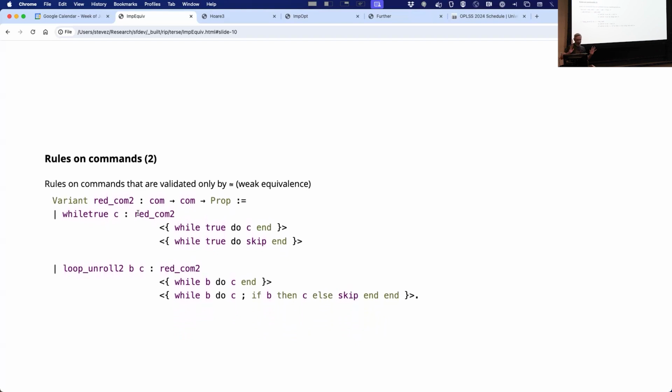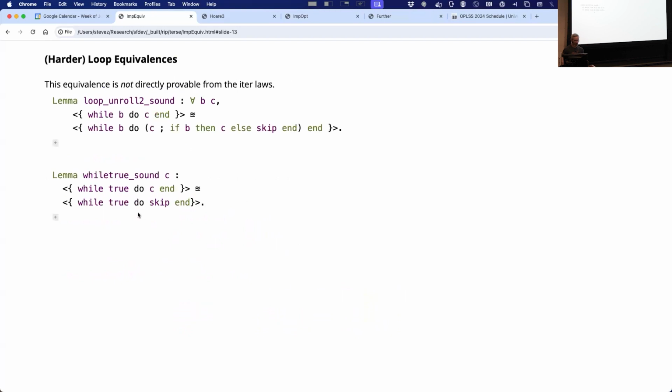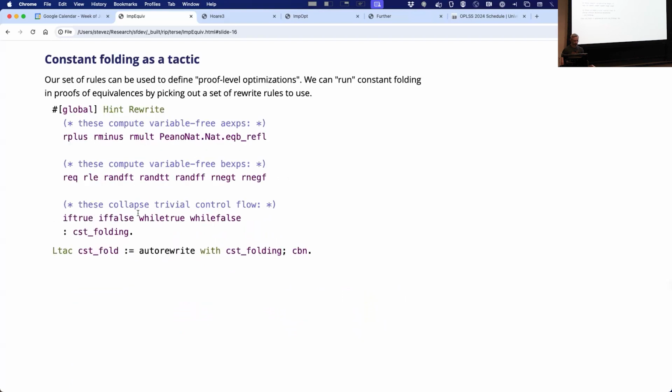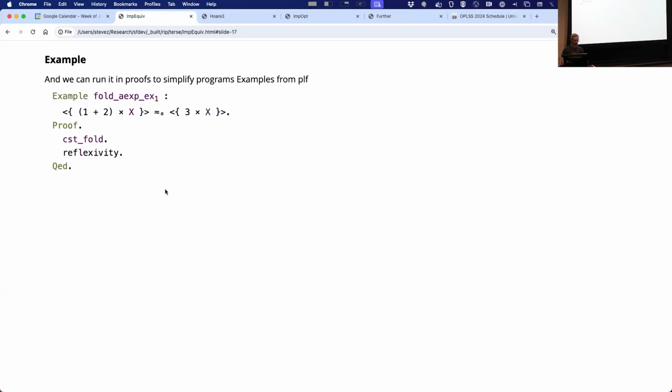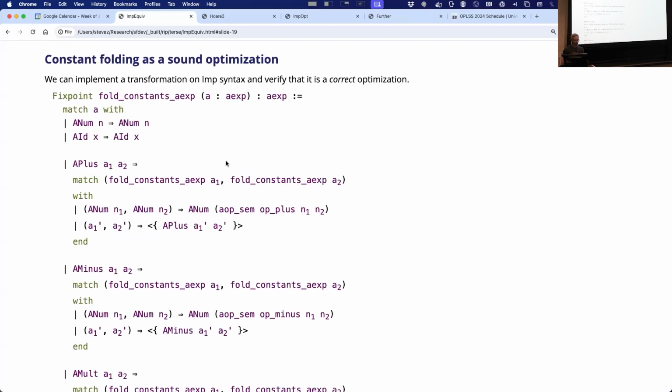Good, so we've been able to lift our reasoning, and then at the end of last time I showed you that we can prove these equivalences and then use them to do various optimizations for things like constant folding, where we can prove some arithmetic expressions. And at the end of class, we saw that we can implement a syntactic transformation.